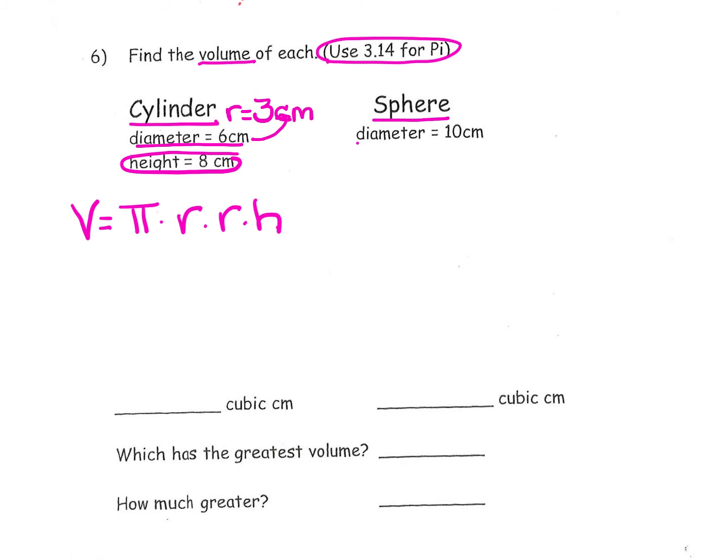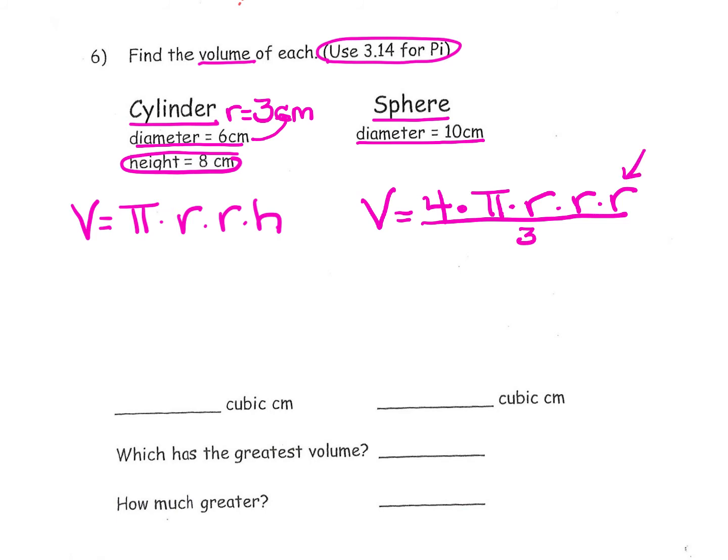The same is true for the sphere. We're given a diameter, but if you look to your formula sheet, the formula for a sphere is 4 times pi times r times r times r, and that entire quantity is divided by 3. We need to know the radius length.